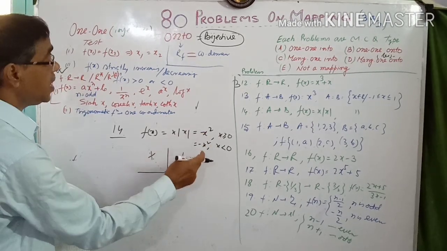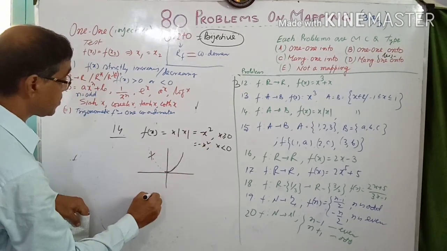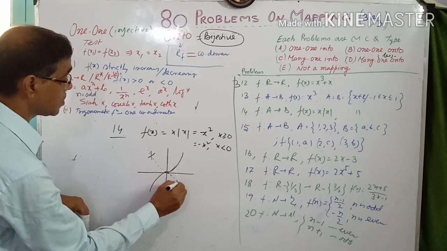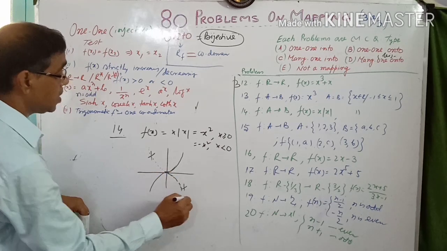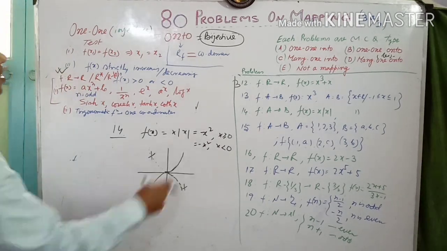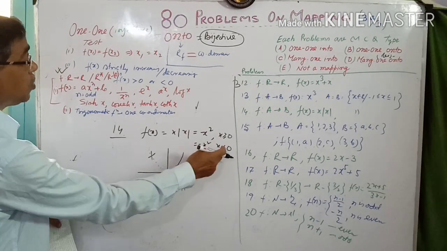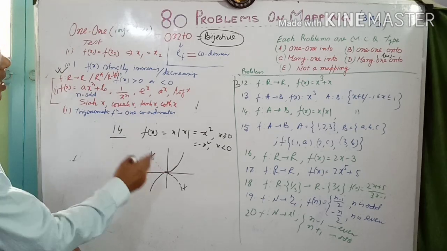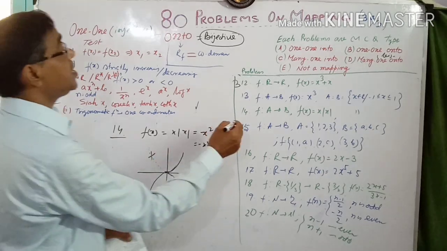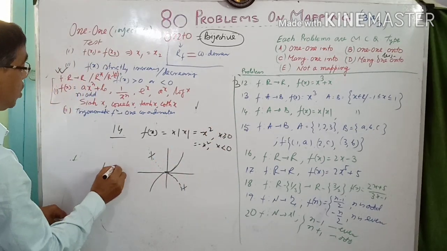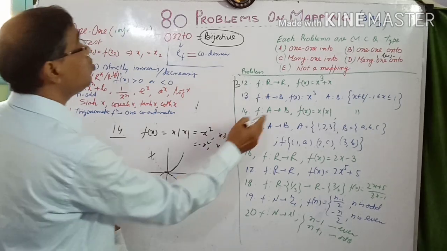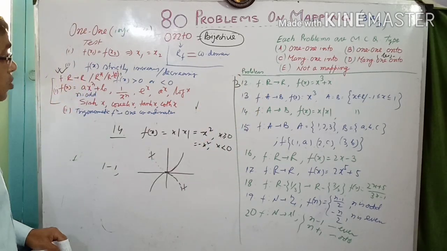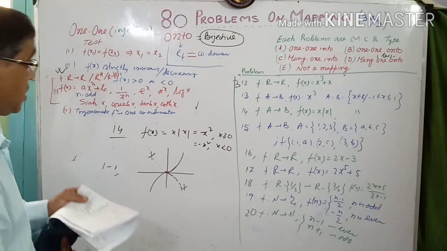Again, this portion is not included. This graph is for x greater than or equal to 0, and for x less than 0. So it is also an increasing graph, and it is one-one and onto also, like problems 12 and 13.